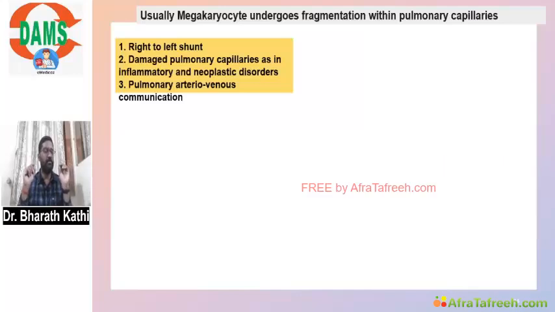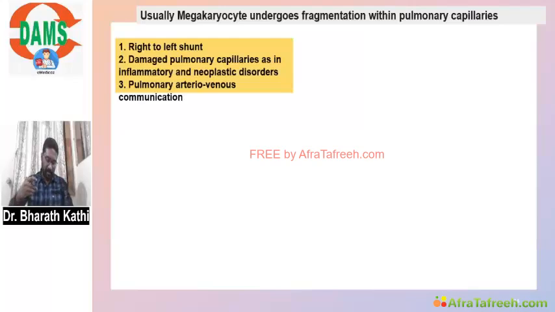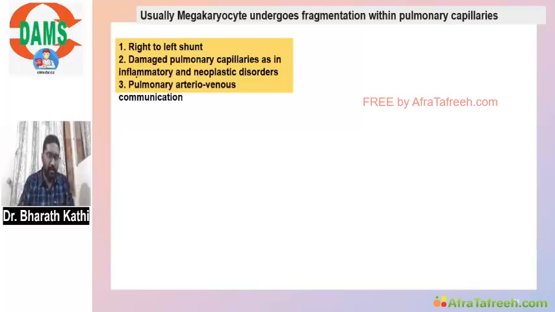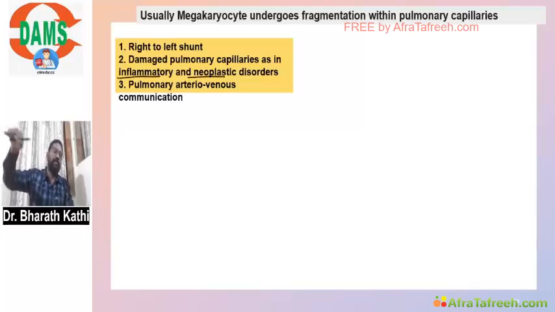usually what should happen in the pulmonary circulation is that these megakaryocytes should be broken down. But if there is a right to left shunt, the blood coming from the bone marrow into the right heart does not go into the pulmonary circulation, but directly into the left heart. Or the pulmonary capillaries have been damaged, so they are unable to filter these megakaryocytes because of some inflammatory or neoplastic process or abnormal connections between pulmonary arteries and veins.